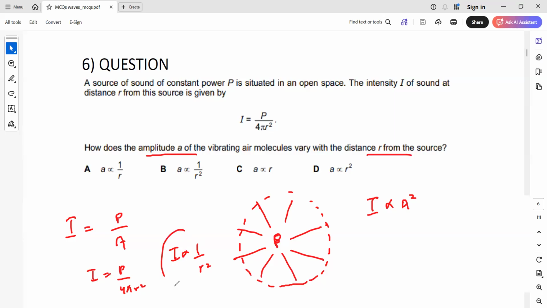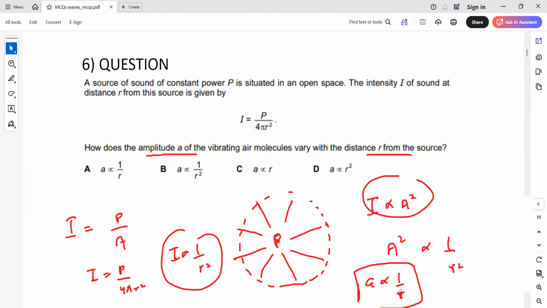And another formula: intensity is directly proportional to amplitude squared. If I relate these two proportional relations, I can say amplitude squared is inversely proportional to r squared, or I can say amplitude is inversely proportional to r.